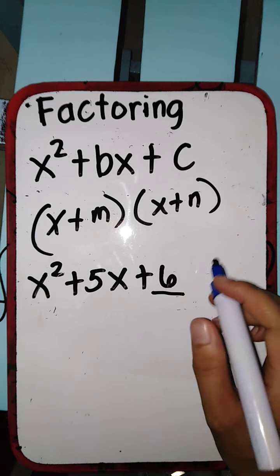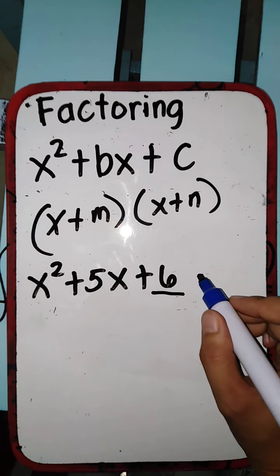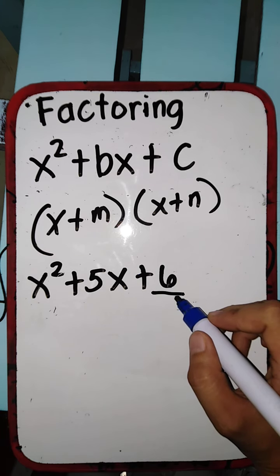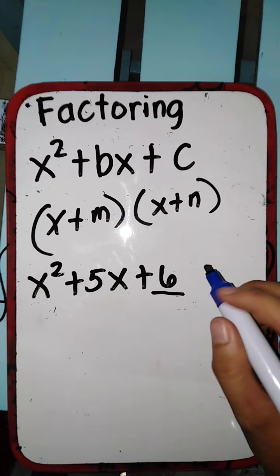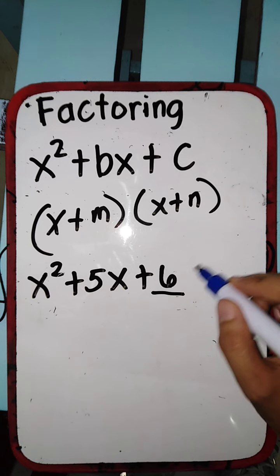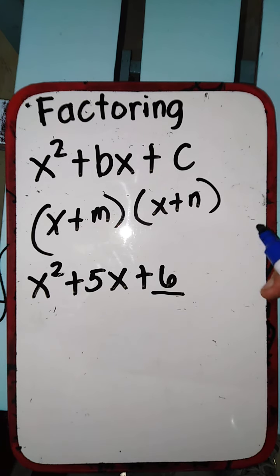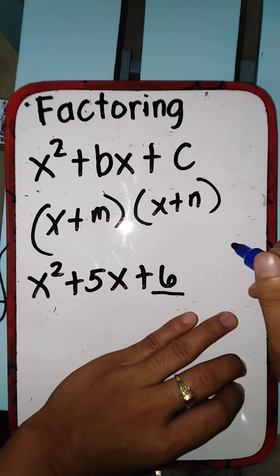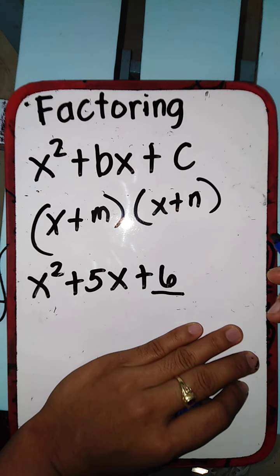We are to find the factors of 6, or numbers whose product is equal to 6 and whose sum is 5. Again, we are going to find first the factors of 6 whose sum is equal to 5. So let's take note here of the factors of 6, or two numbers whose product is 6.